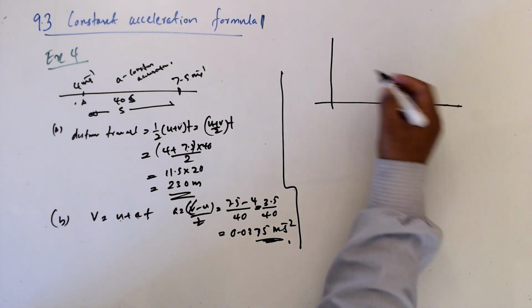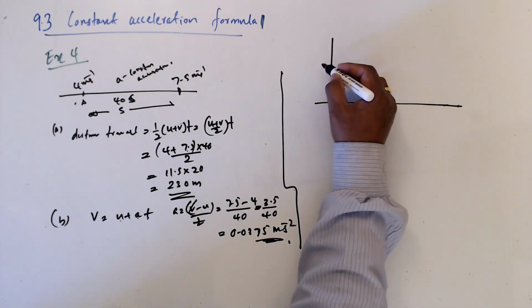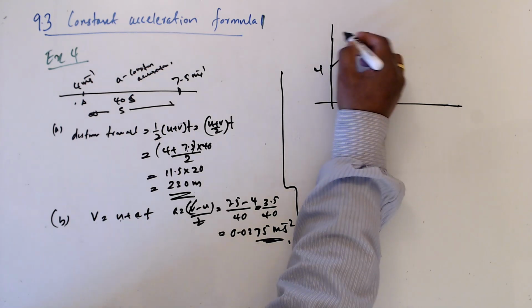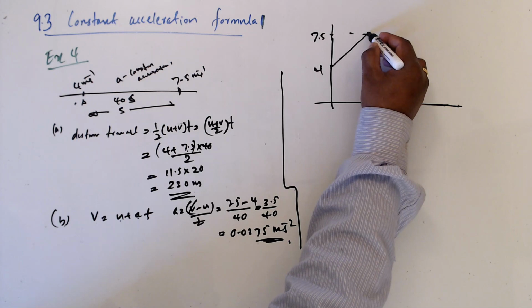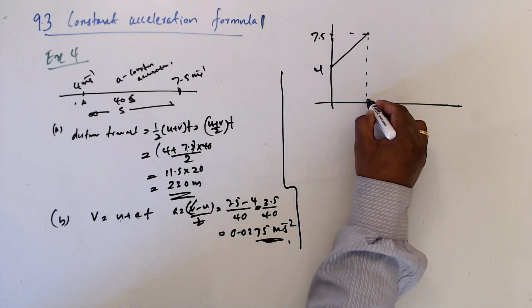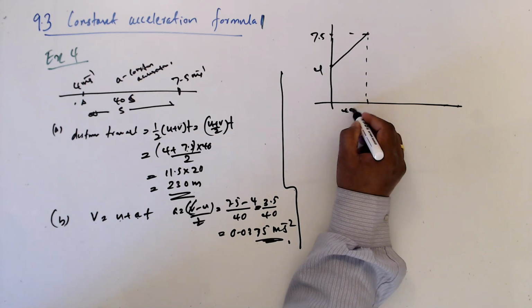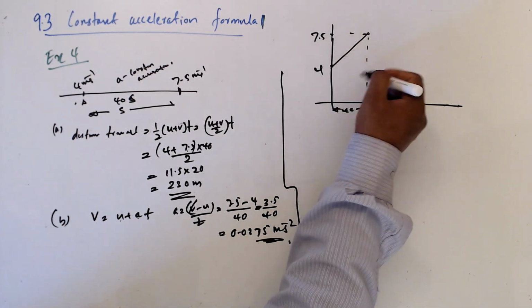Now the same sum you can work with the graph, but it is easy to work with this. So starting from here, starting is 4, then go to 7.5. This distance is 40 seconds, and we need to find the area.